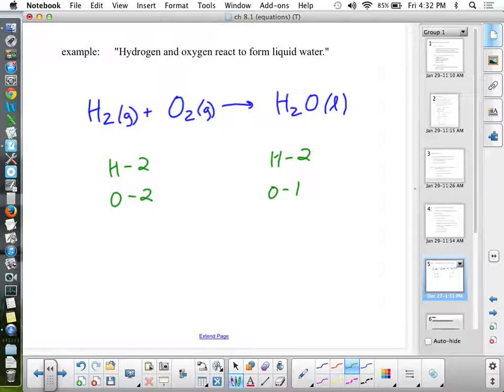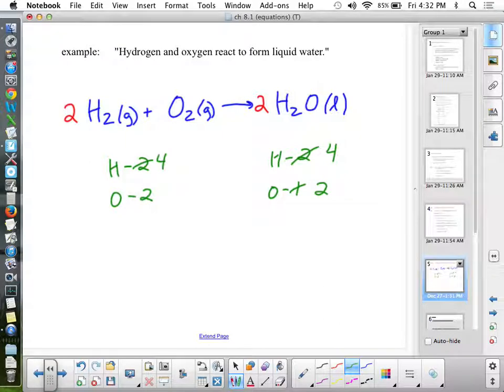So I will add a coefficient of 2 before the H2O, thereby giving me 2 oxygen atoms to balance oxygen. The problem is that also gives me 4 hydrogen atoms, and now hydrogen is not balanced. Well, that's easy enough to fix. I simply add a coefficient of 2 before the H2, giving me now 4 hydrogen atoms as well.